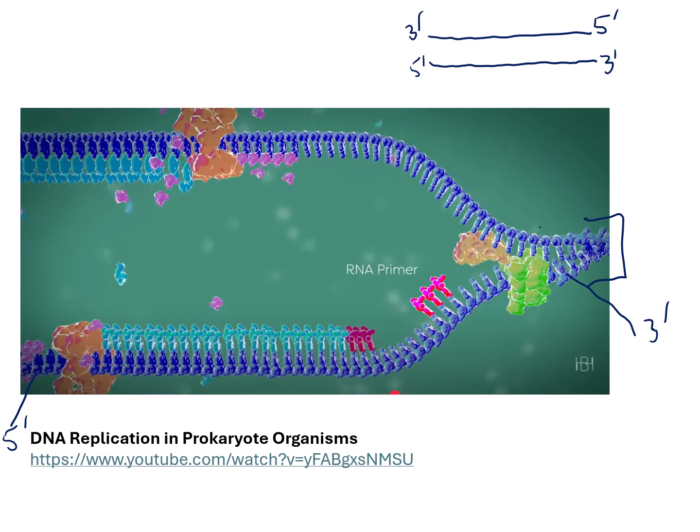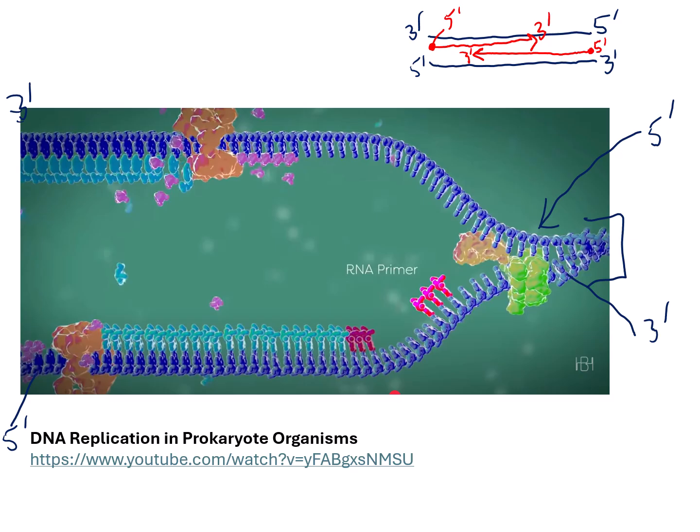I'm just orienting myself, looking at the original orientation of the parent strand of DNA, the template strand in dark blue. That tells me about the daughter strands. So my new strand of DNA must be produced going this way, with that being the 5' and this being the 3'. That means the other side would be the 5', and this would be the 3'.